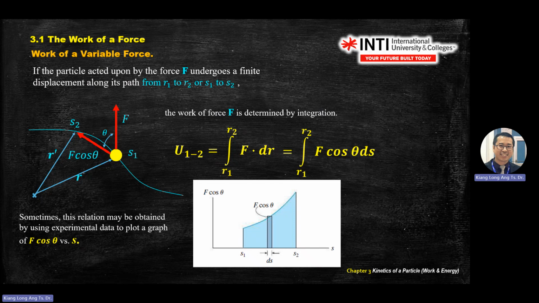So it just means that dr equals cos ds. This one is basically an approximation, like what you learn in the curve, theta, r and s equal to r theta, assuming this is a very small angle in radians. Basically they mean the same thing. This integration just means you break the curve into small rectangles.